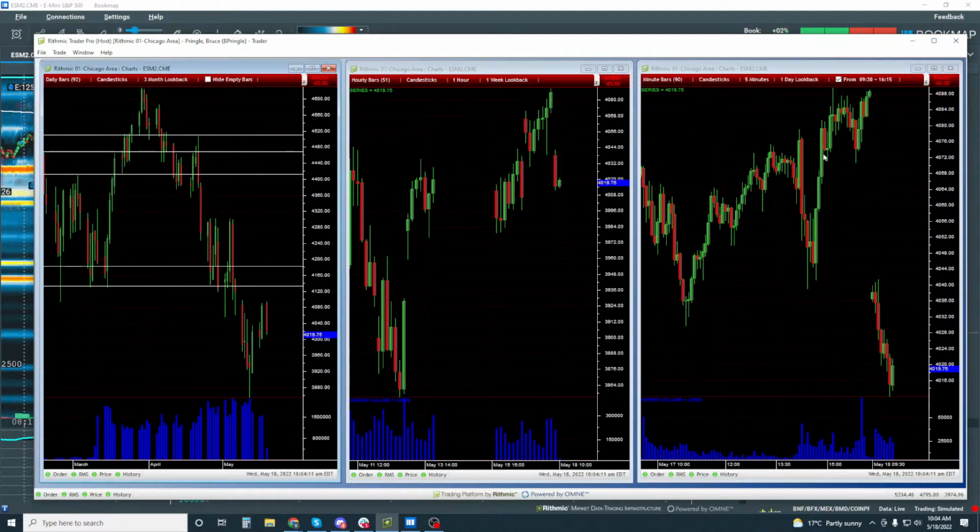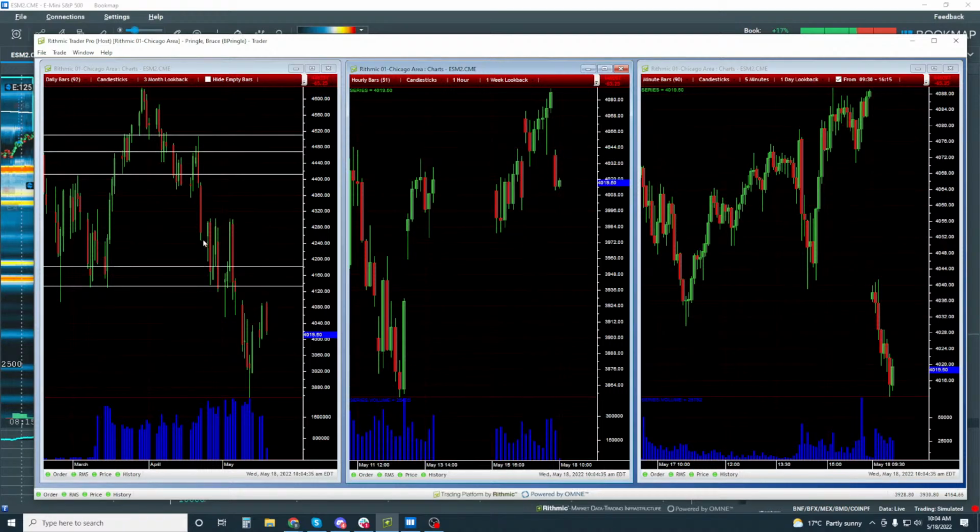We saw this move to the upside yesterday. What was so interesting about this, and I don't have a screenshot nor the data from yesterday in Bookmap right now, was here's our hourly chart in the middle.